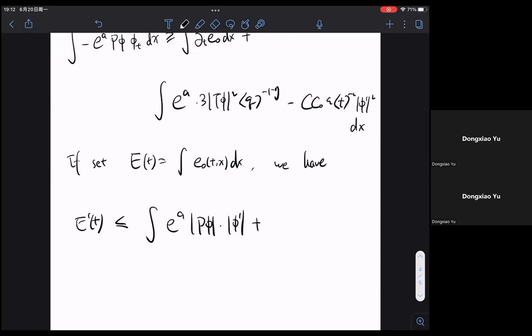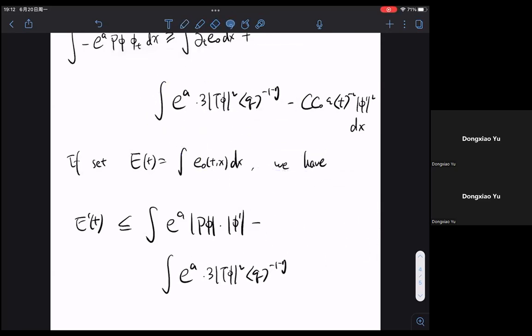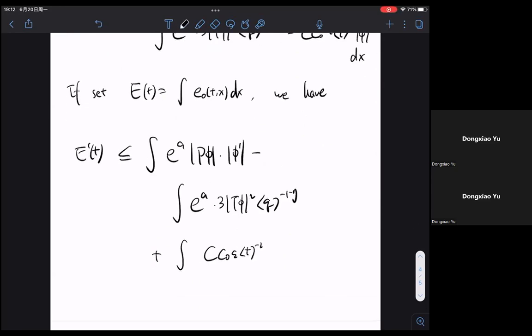Sorry, so let me put a minus on these terms. And finally, plus c0 epsilon t to the negative 2's power phi prime squared dx.